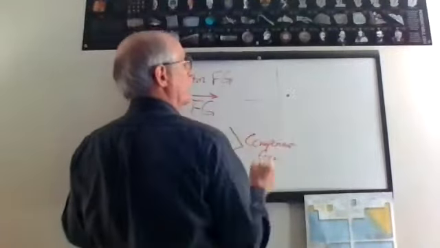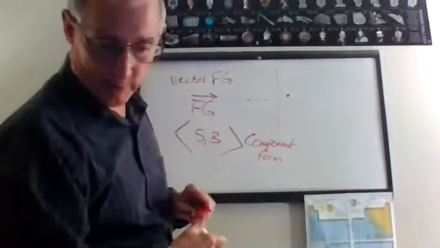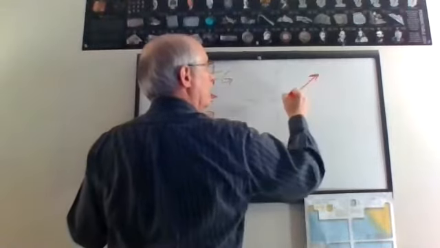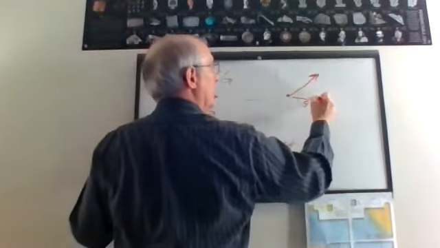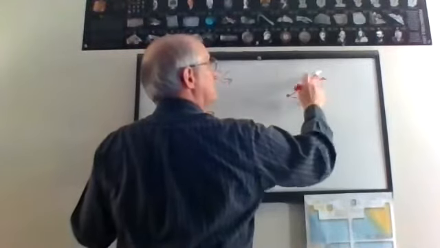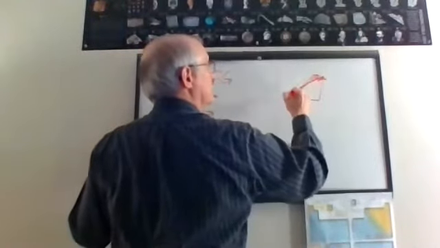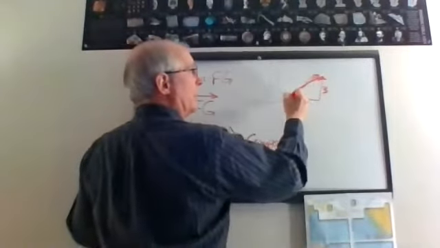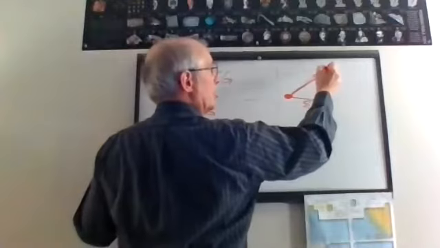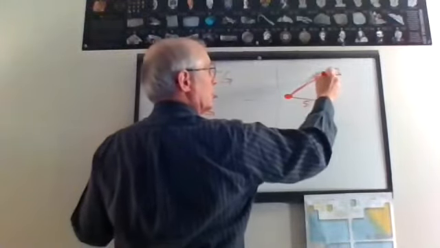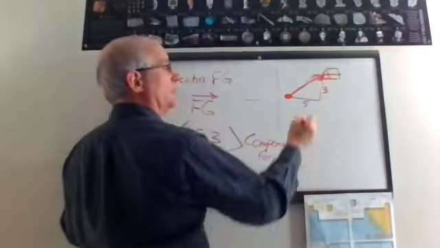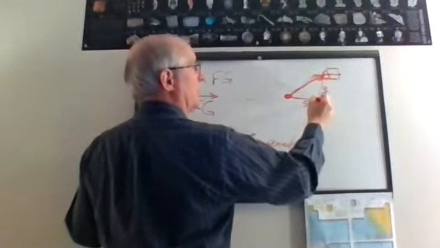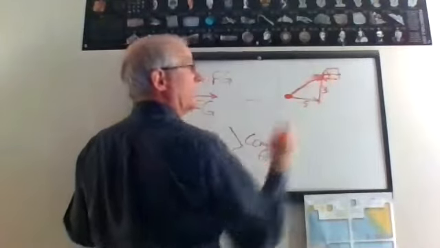So if this is your starting point, your initial point, and this is your end point, you're going over 5 and up 3. The question is, if you're going to go from here to your grandmother's house over here, there it is, could you go 5 blocks this way and then 3 blocks that way and get there?